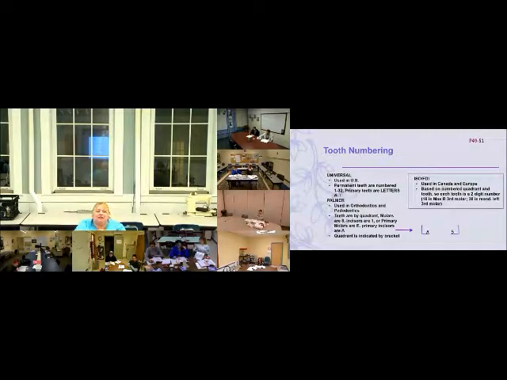If you're thinking about orthodontics, there is the Palmer method that is used for talking about the teeth in orthodontics. What Palmer does is use the brackets to indicate a quadrant. The horizontal bracket means upper or lower. If it's on the top of the horizontal, it's an upper tooth. If it's below it, it's a lower tooth.